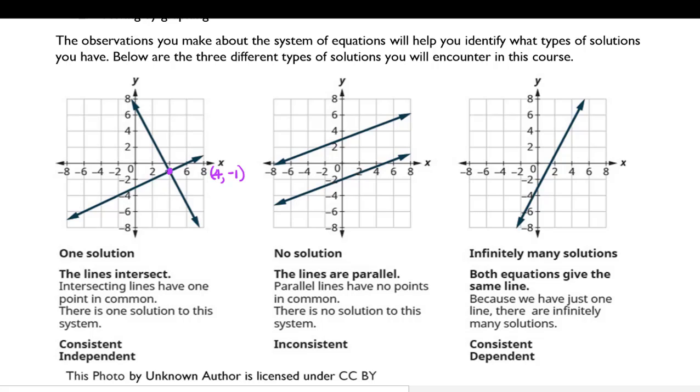That is the solution to that system of equations, just by looking at the graph. So the lines intersect, they have one point in common, and there is one solution to the system. We call these types of systems of equations consistent or independent.